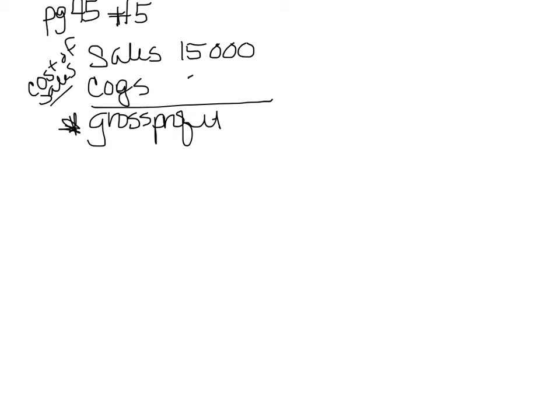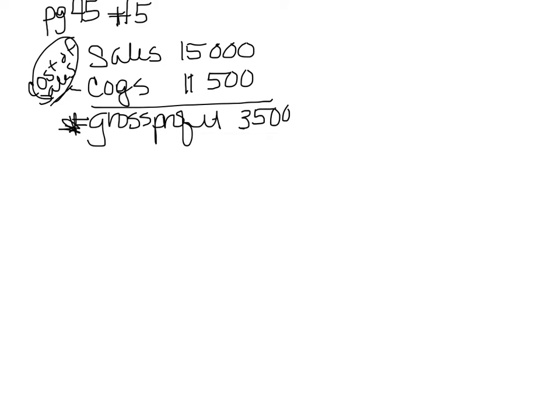So here we have 15,000 minus the 11,500, which gives us gross profit of $3,500. This is a subtraction. Sales minus cost of goods sold, or cost of sales, equals gross profit. And in this case, after you do the math, it would be $3,500.